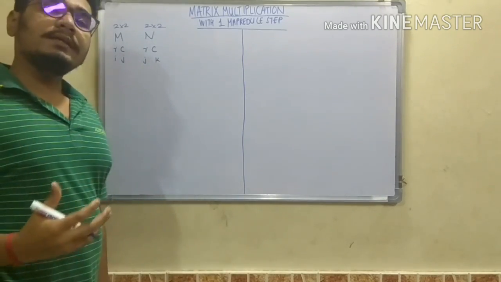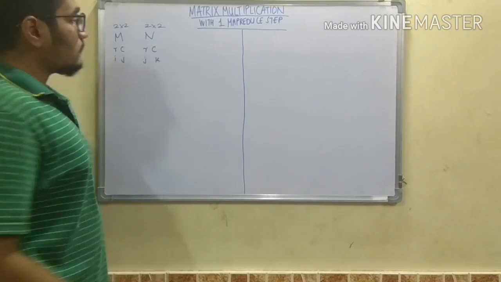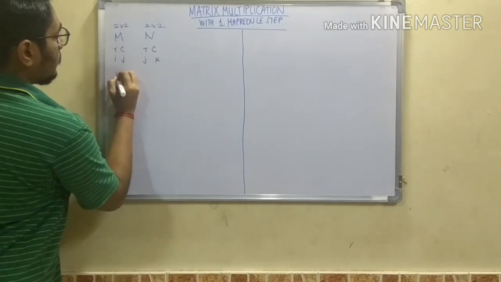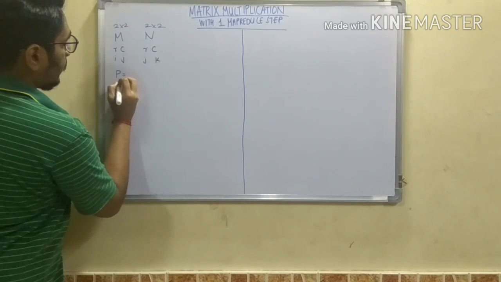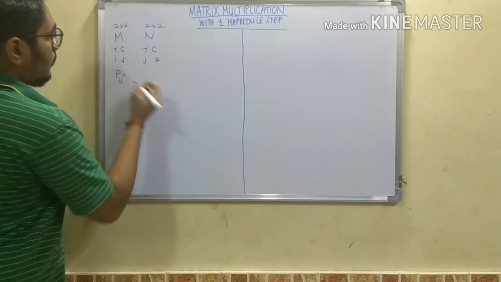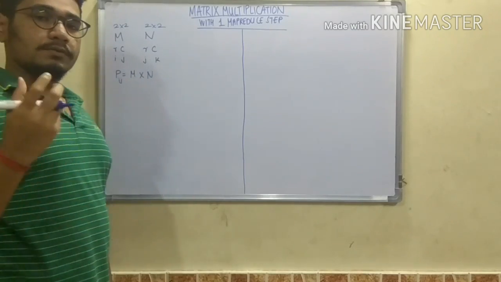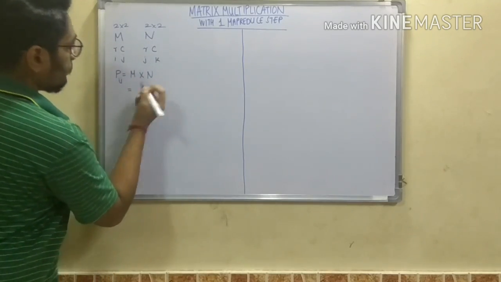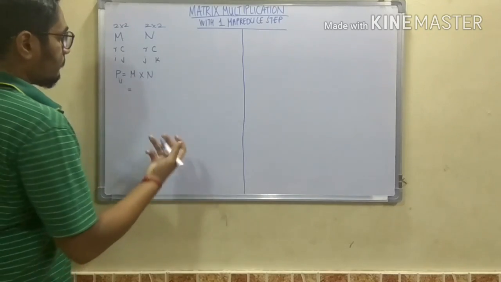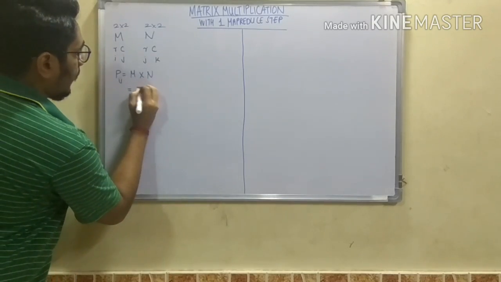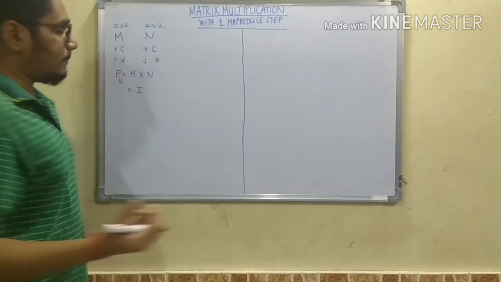Now the resultant is the product of these two matrices, given as Pij is equal to M multiplied by N. This will ultimately give the result as key value pairs.